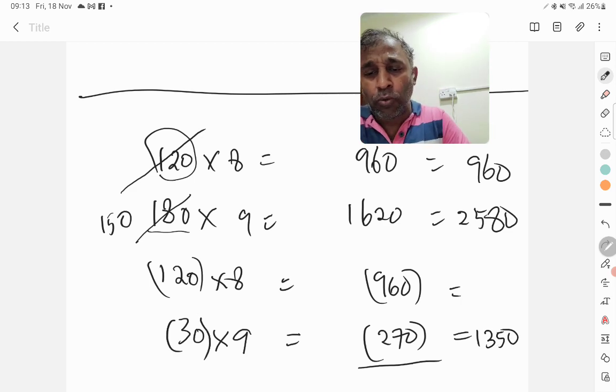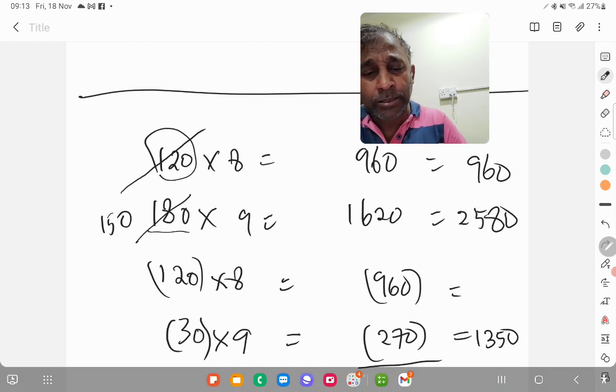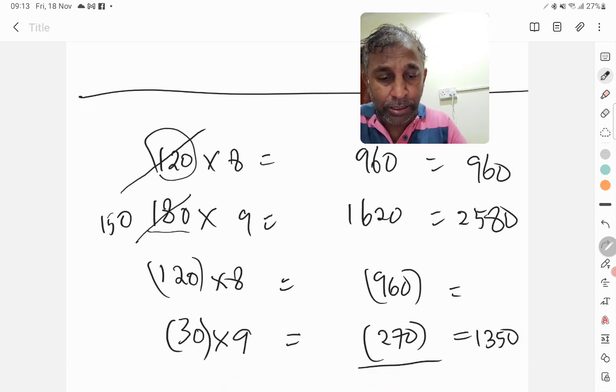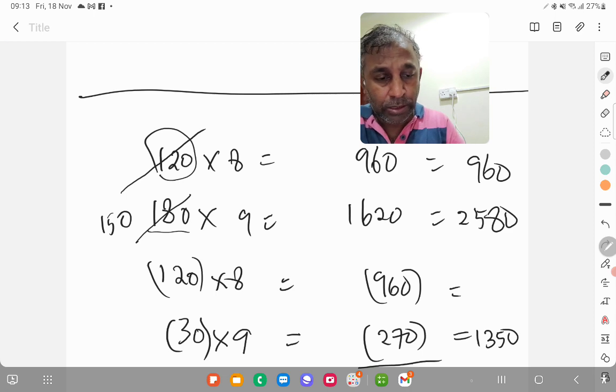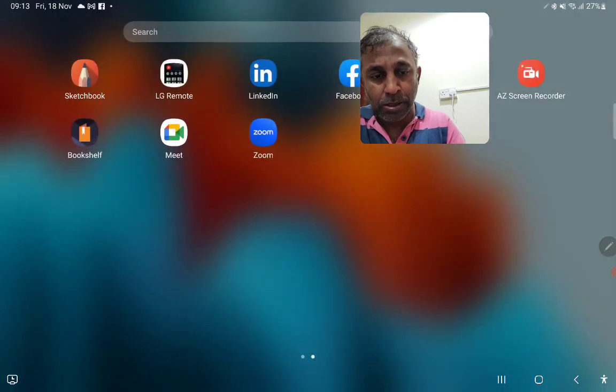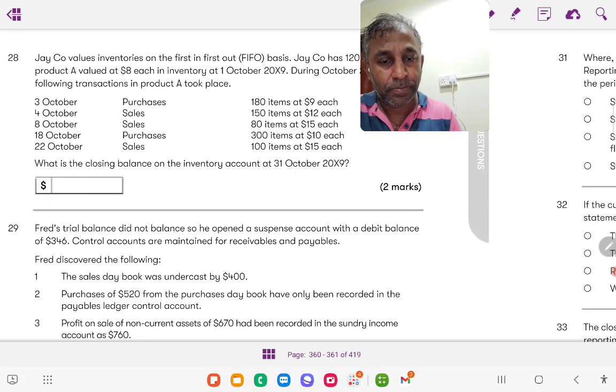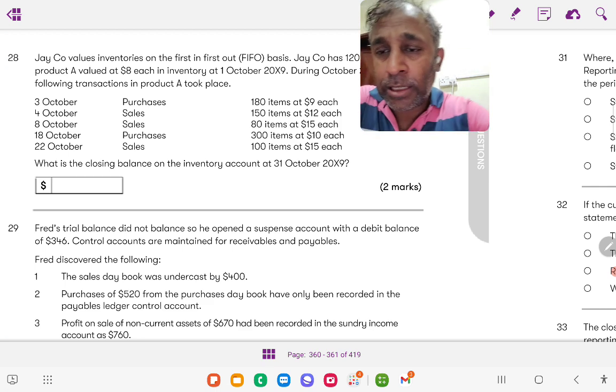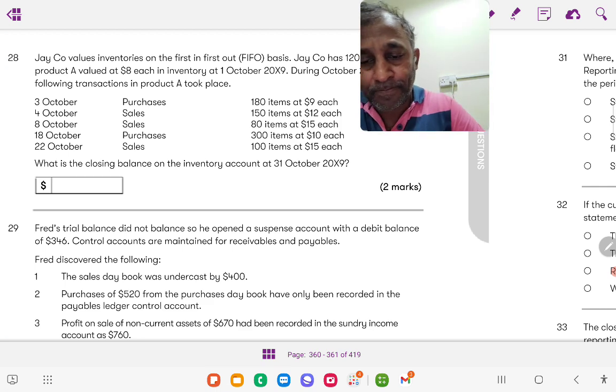So now I have 150 here, and then the next transaction. What is the next transaction now? Let me open it. Yes, the next transaction is 80 items.